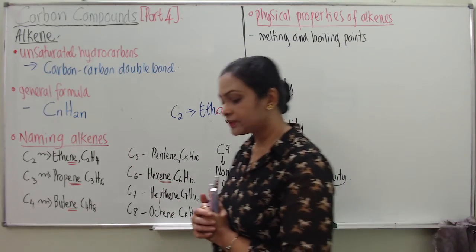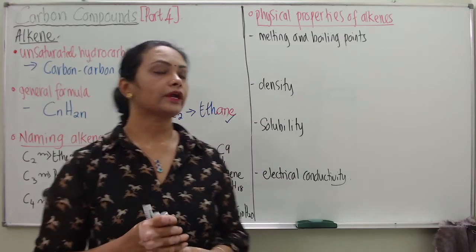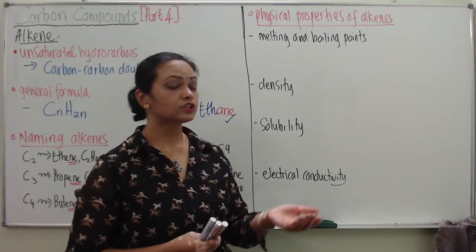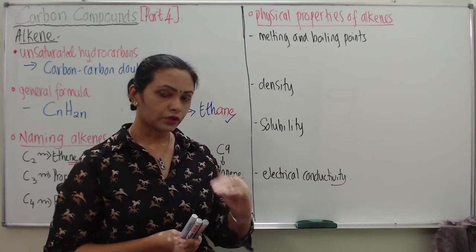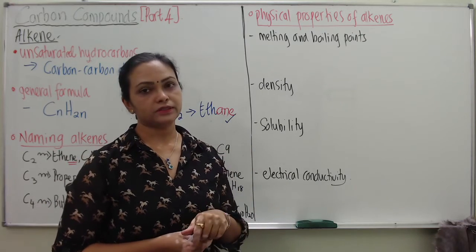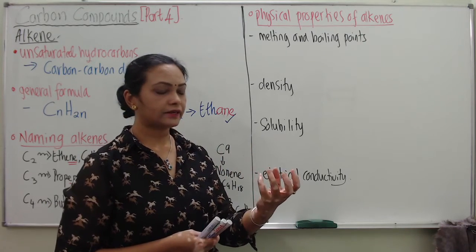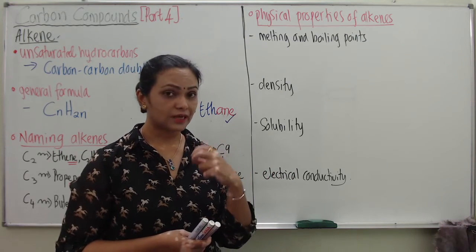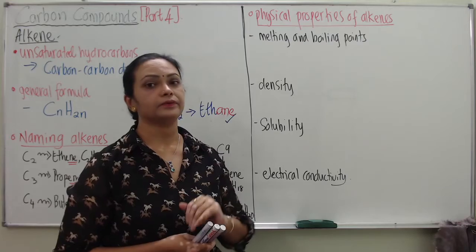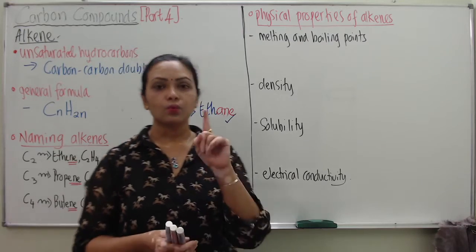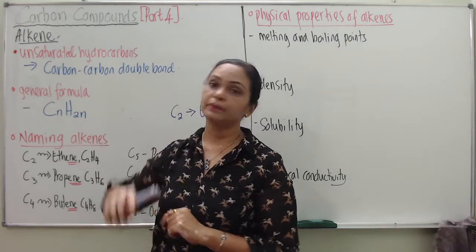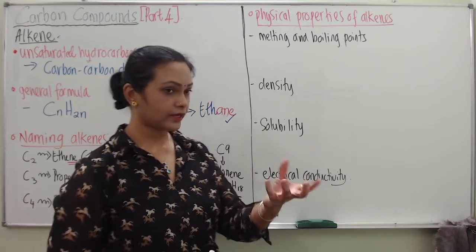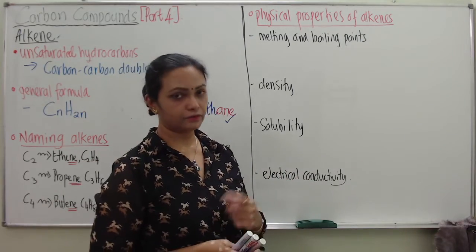Now let's go to physical properties. In our next video, teacher will continue on chemical properties. And I would like to highlight here that chemical properties for alkane is much lesser compared to alkene, again because of the double bond. But it's okay, the one we'll do in part 5.